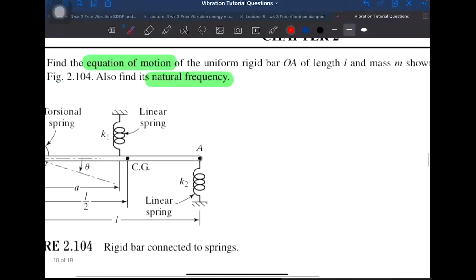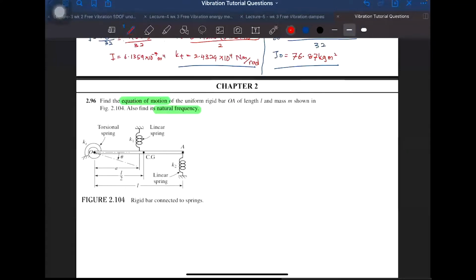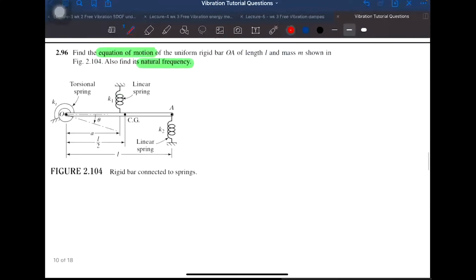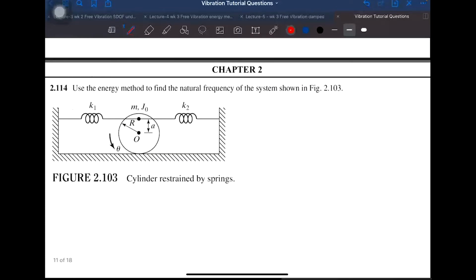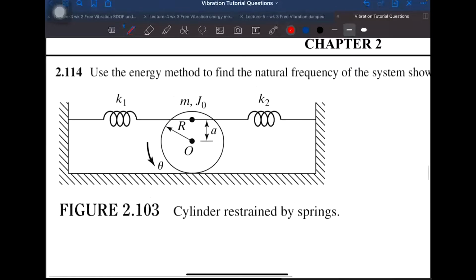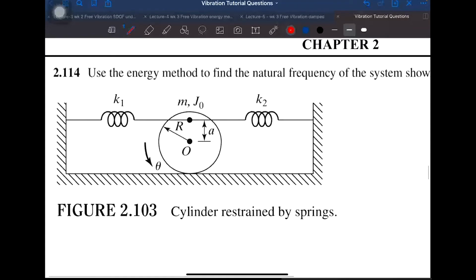Okay, let's try and do this. First of all, for the system given in the figure, you can see whether it's moving translational or moving rotational. If they are using both, for example, like this, there are two motions.